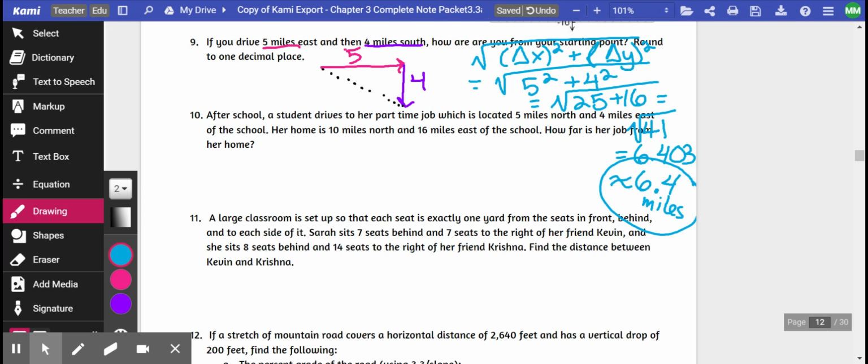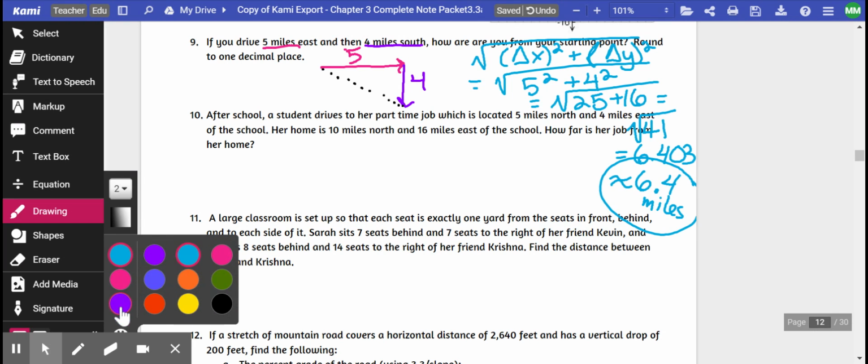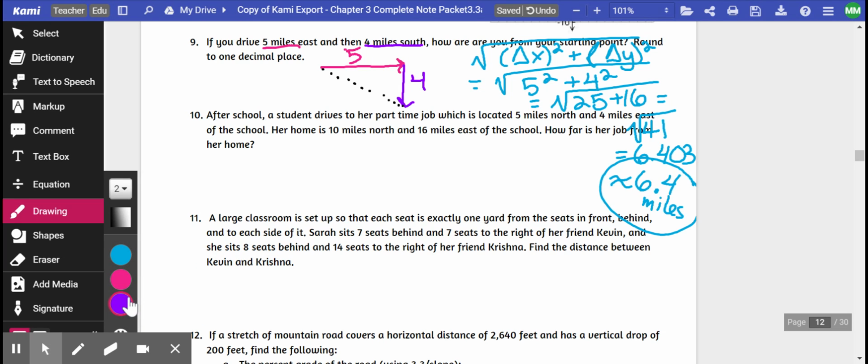The next one says, after school, a student drives to her part-time job, and it's located 5 miles north and 4 miles east of her home. All right, so we've got her school, and from school, she drives 5 miles north and 4 miles east.